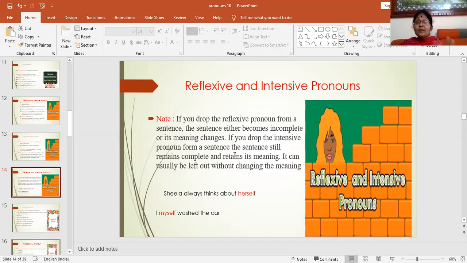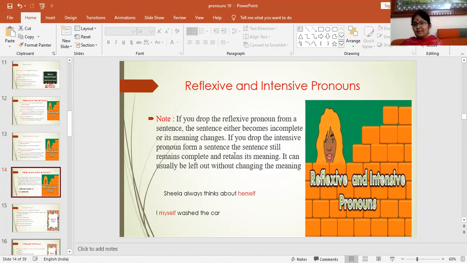It can usually be left out without changing the meaning. What is the major difference? In an intensive pronoun, the subject and object are not the same, and if you remove the intensive pronoun, the meaning doesn't change. But in a reflexive pronoun, if you remove the reflexive pronoun, the meaning changes.